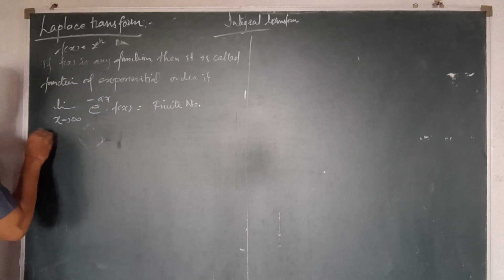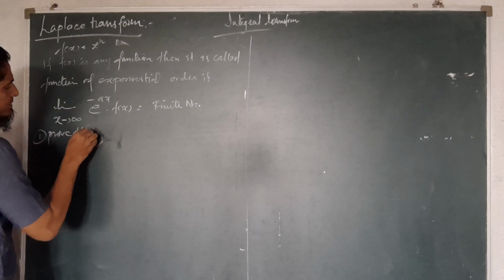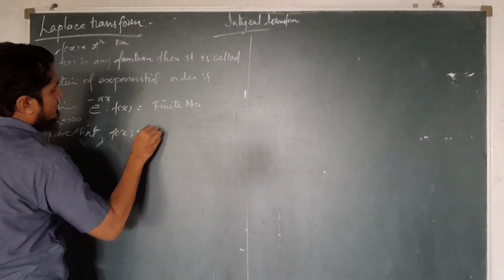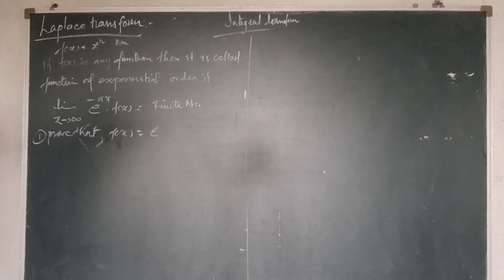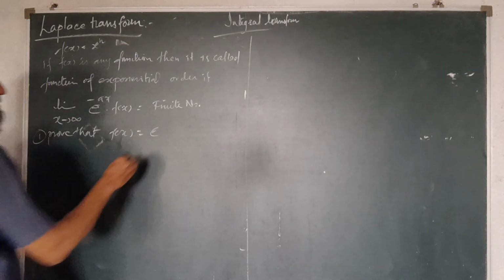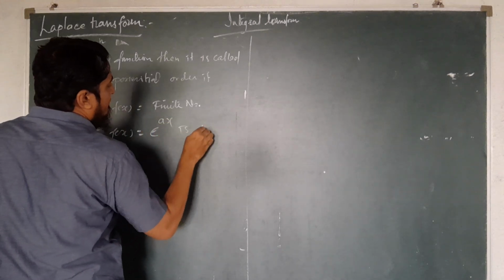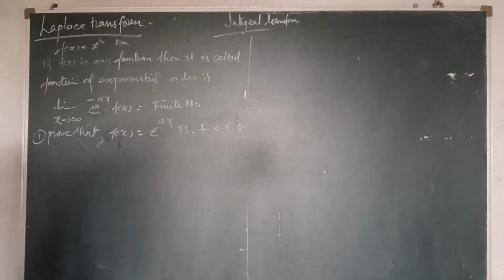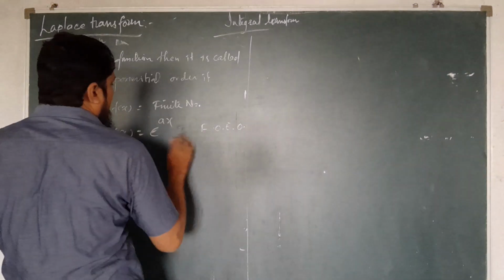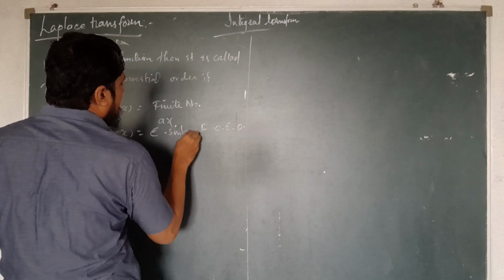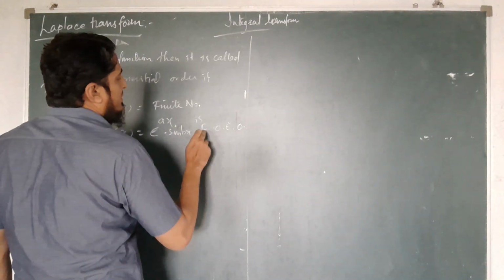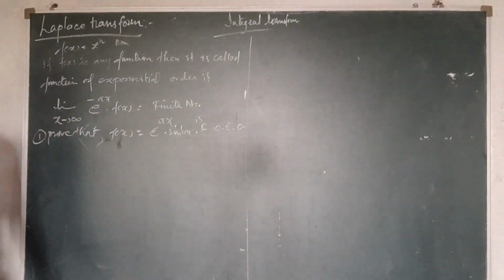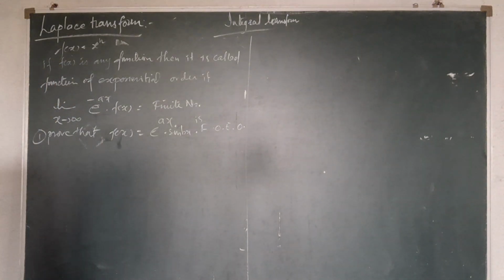Prove that the function f of x is equal to e raised to ax into sine bx is a function of exponential order.